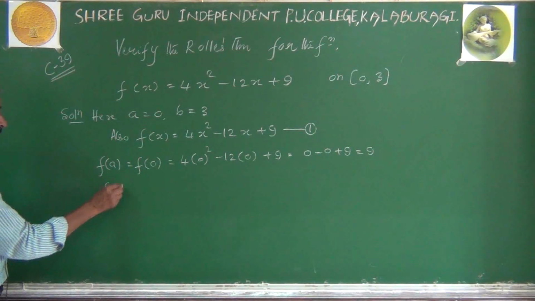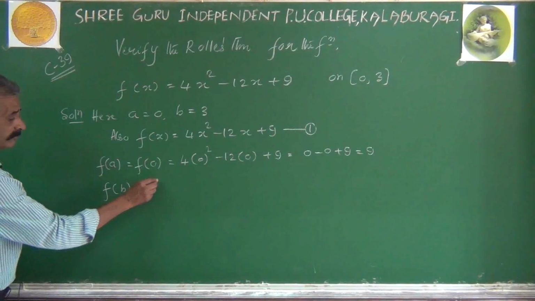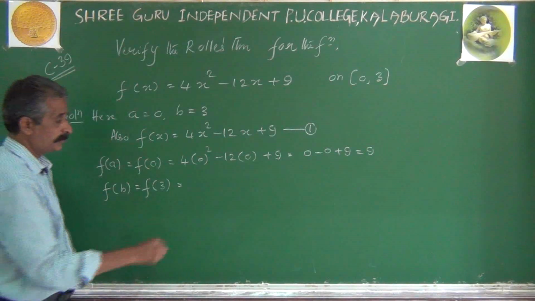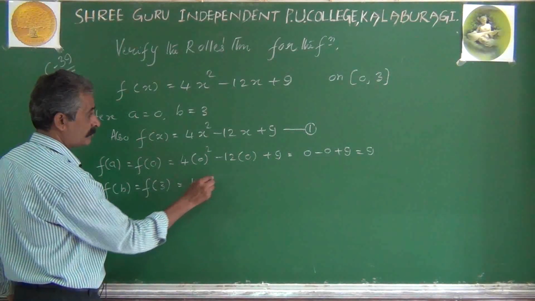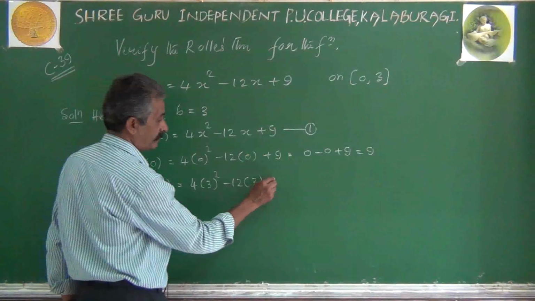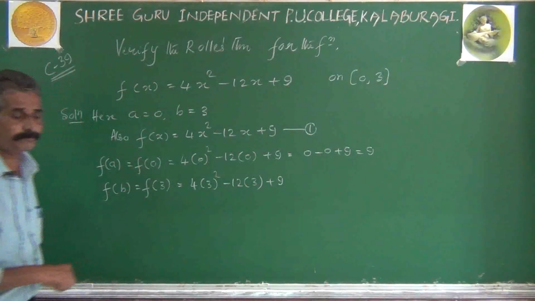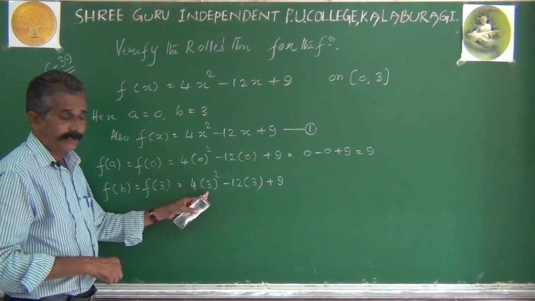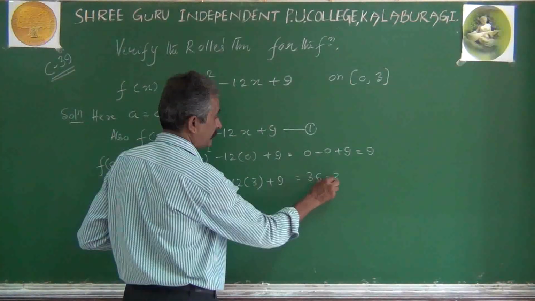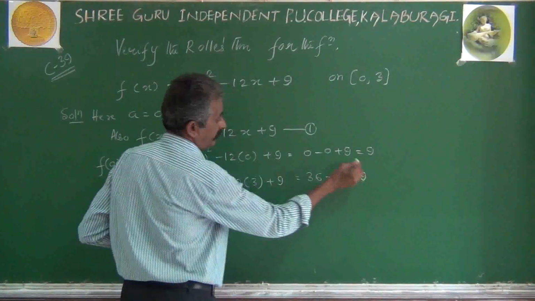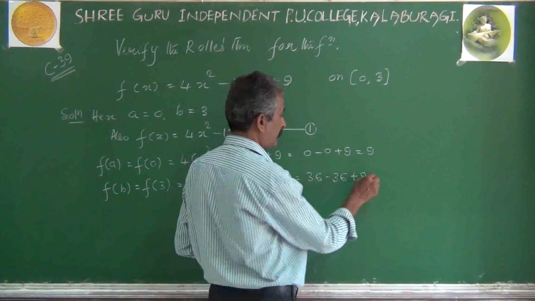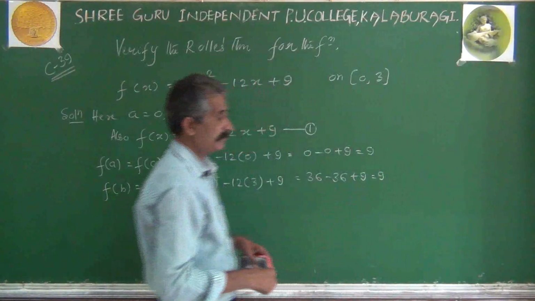Now f of b, that means f of 3: put x equal to 3, 4 into 3 square minus 12 into 3 plus 9. 3 square is 9, into 4 is 36, 12 into 3 is also 36, plus 9 remains the same. 36 minus 36 cancel out, leaving 9.